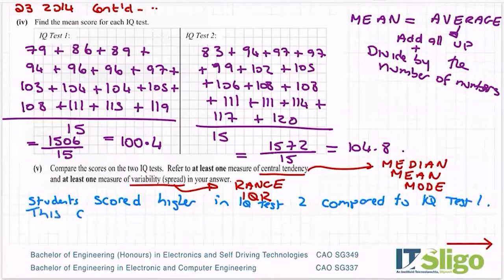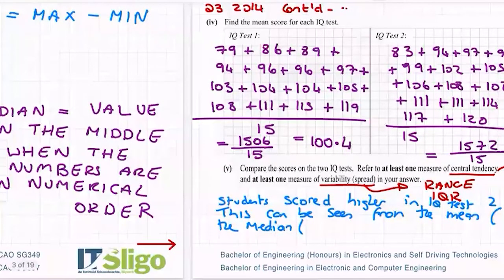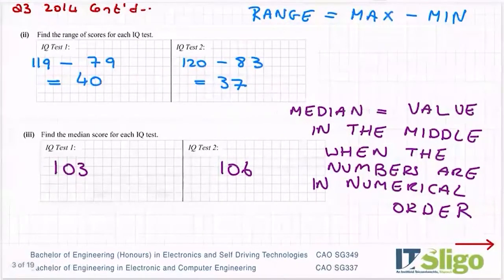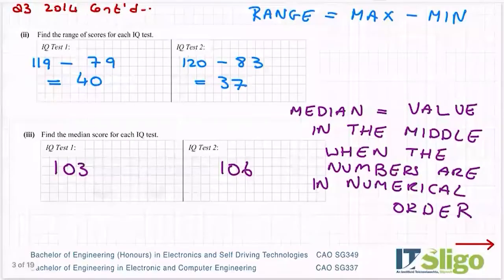This can be seen from the mean, 104.8 versus 100.4, and the median, I can't remember what they were, 106 versus 103. Okay, let's have a look at the range.